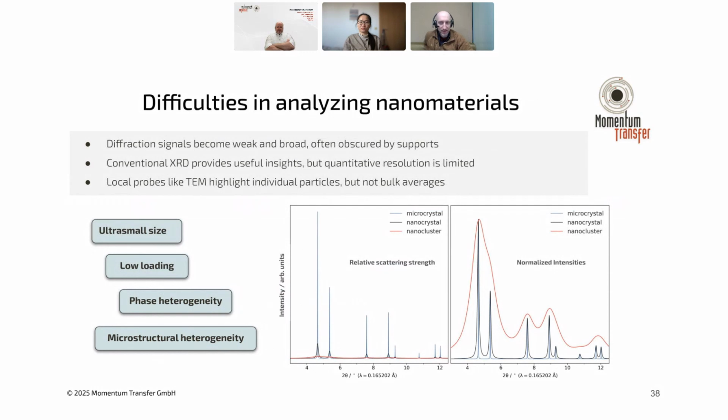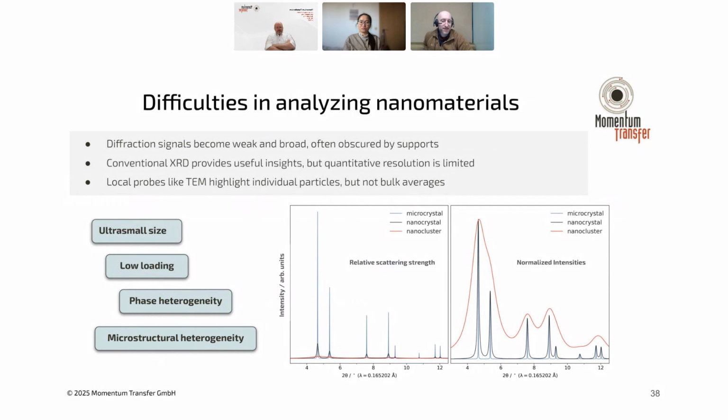But when we look at how the diffraction patterns develop as a function of domain size, I start to see that going from microcrystals to nanocrystals to clusters significantly degrades the width and the quality, the statistics of my peaks.